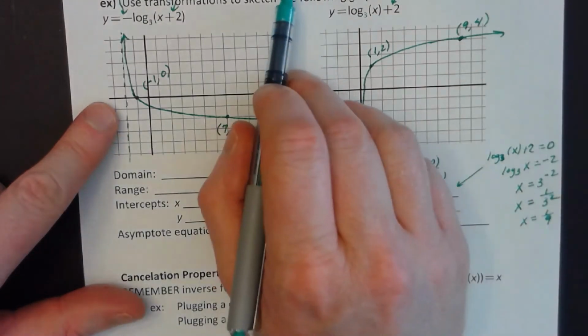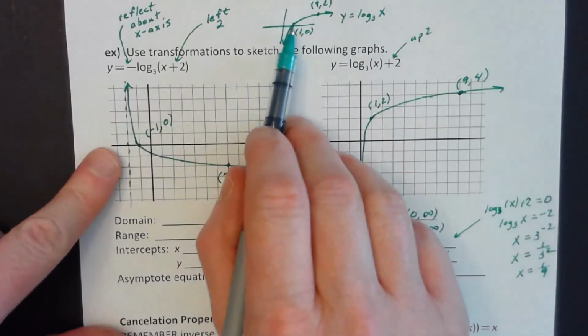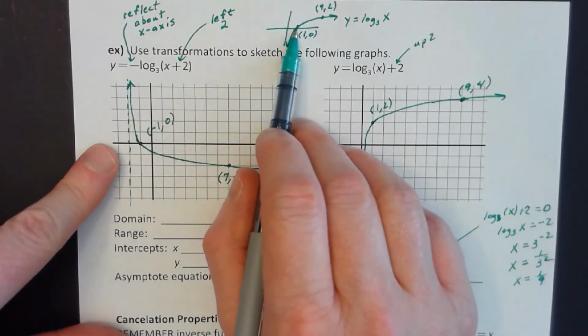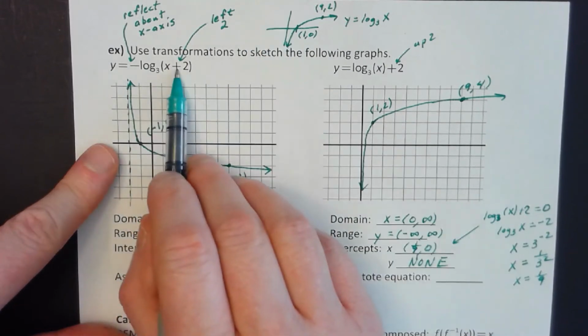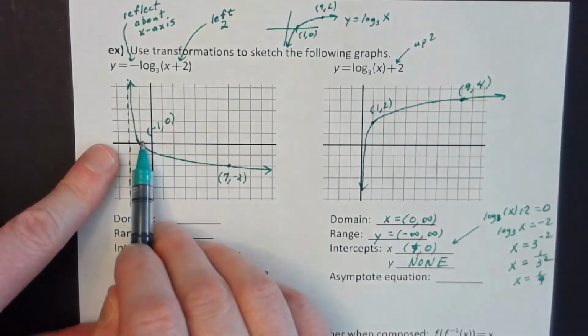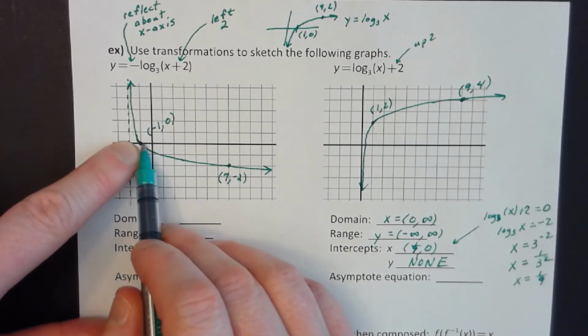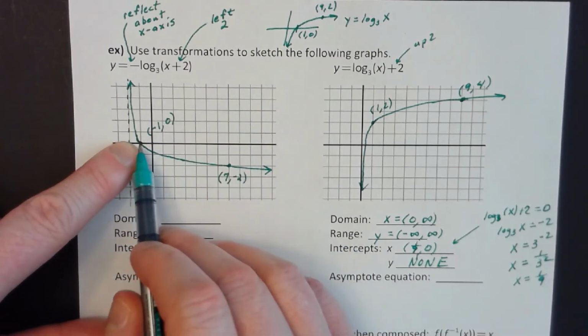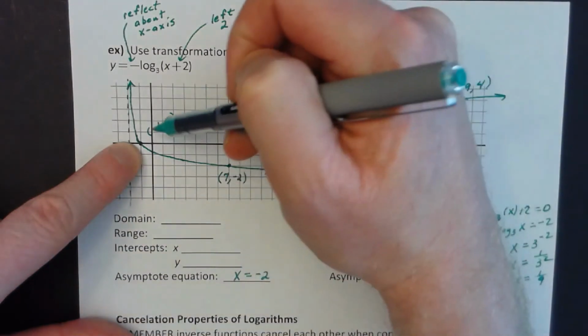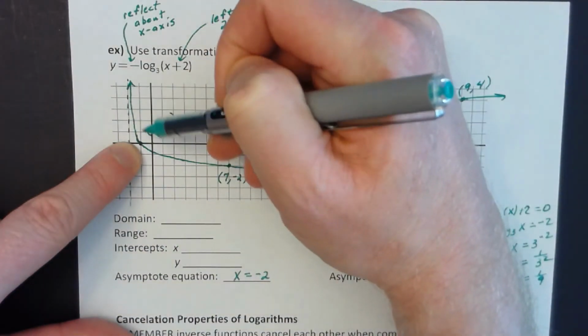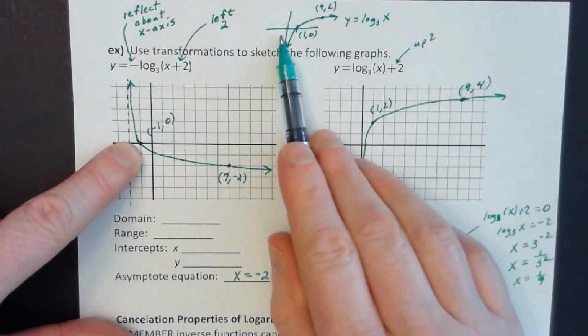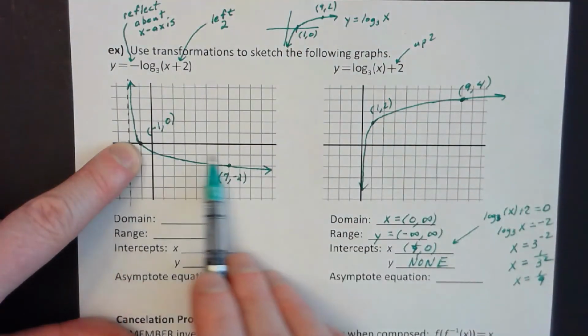And then you would say, okay, in standard form, every single logarithmic function passes through 1, 0. This is shifted 2 units to the left, so it's going to pass through -1, 0. And then instead of going up slowly and down quickly, it's going to go up quickly towards the asymptote. It had to be the opposite of this behavior, and then down slowly.